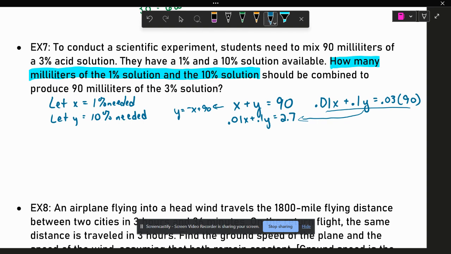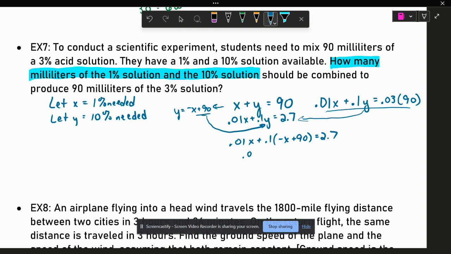And I'm going to plug this in for where I see my y in my second equation. So I'll end up with 0.01x plus 0.1 times (negative x plus 90) equals 2.7. Again, you can use elimination or you could use a different way to solve. This is the way that I'm going to use here.